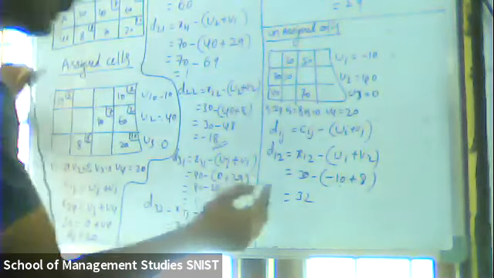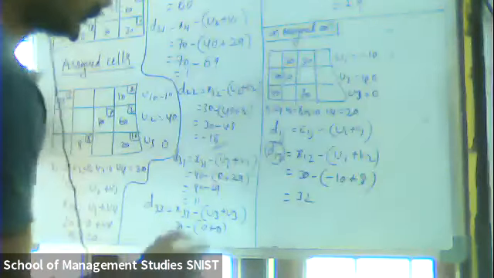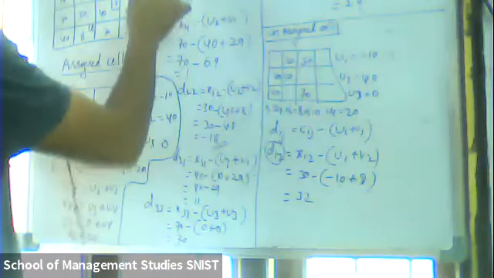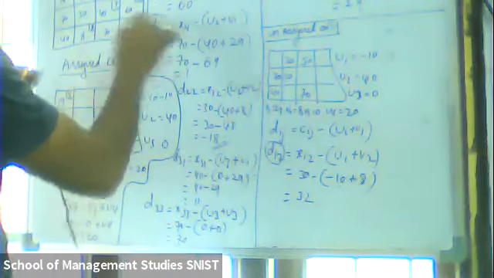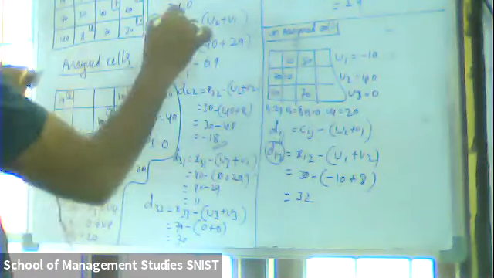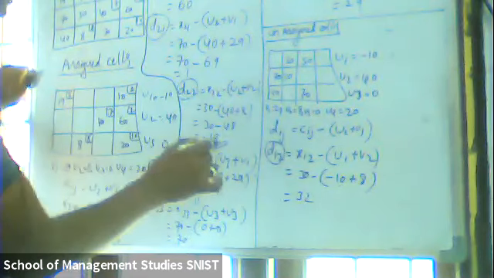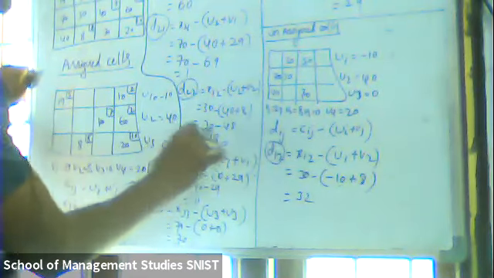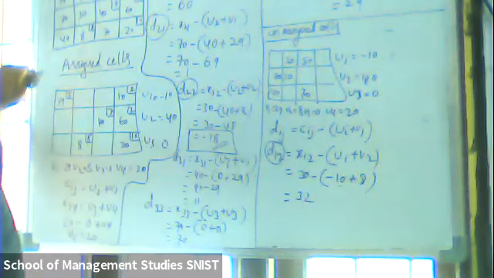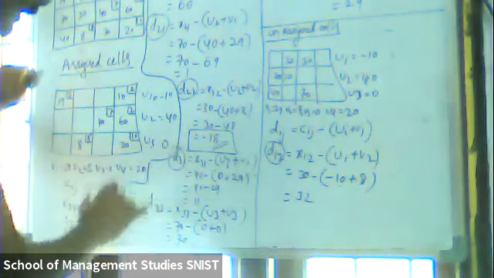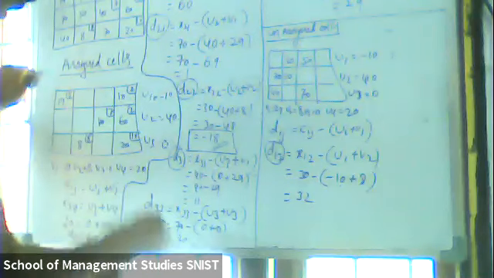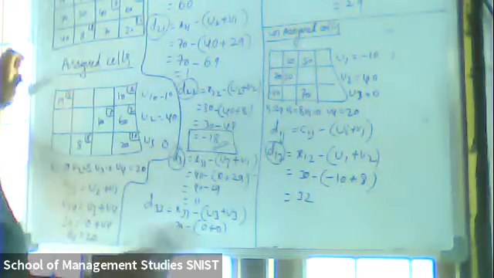Okay, so check here. D12 is positive, D13 positive, D21 is also positive. D22 we got negative. And D31 is also positive, D33 is also positive. Now what is the procedure next?